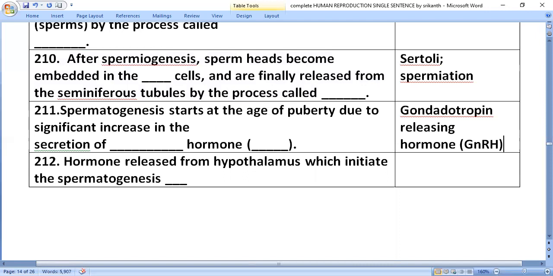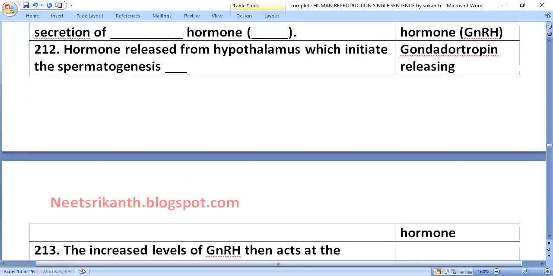Spermatogenesis starts at puberty due to the significant increase in the secretion of GnRH, the hormone released from the hypothalamus which initiates spermatogenesis.